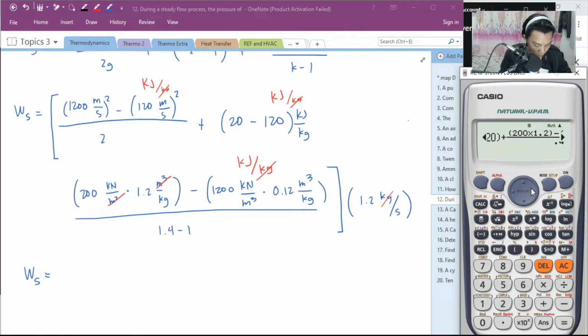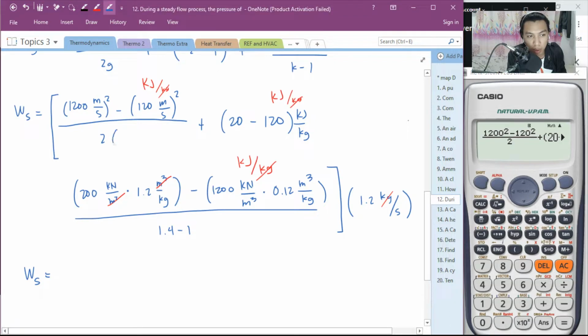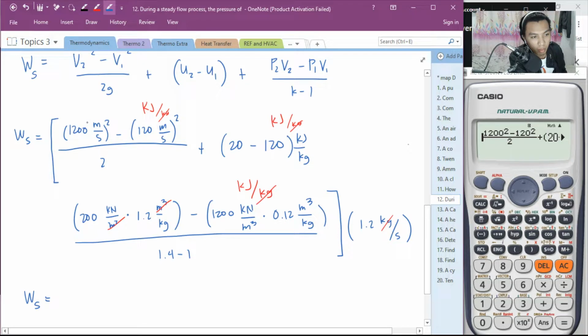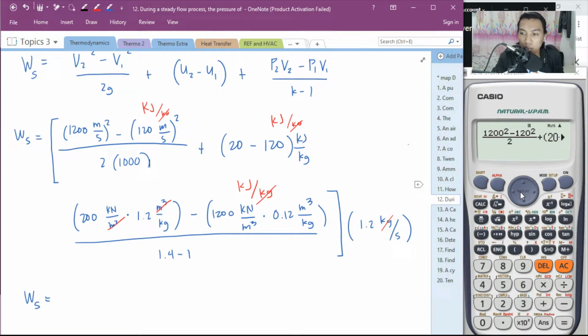Ayun, meron tayo dito. Ito pala nagpalaki dyan. Dapat i-divide mo pa ito ng, nagpalaki dyan, nakita ko na. Ito, hindi to kilojoule. Dapat to di-divide mo pa ng 1,000. Yan, dapat ito di-divide mo ng 1,000. Yun na nagpalaki.